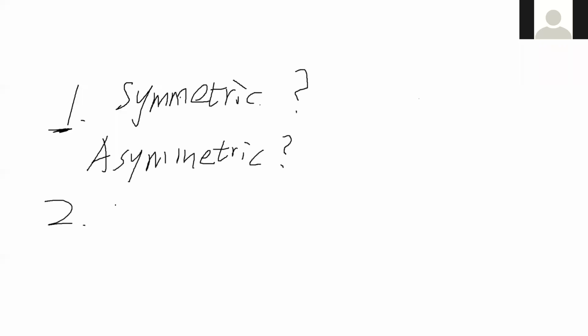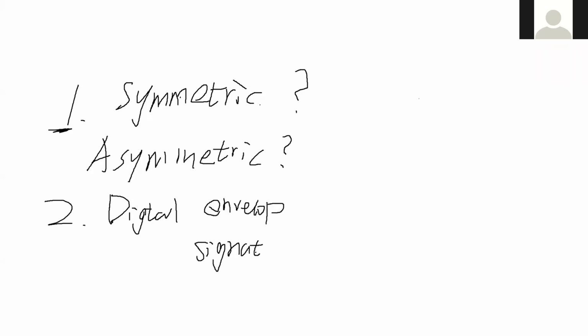And the second one, what is a digital envelope and what is a digital signature? And what does PKI include? Have a preview.